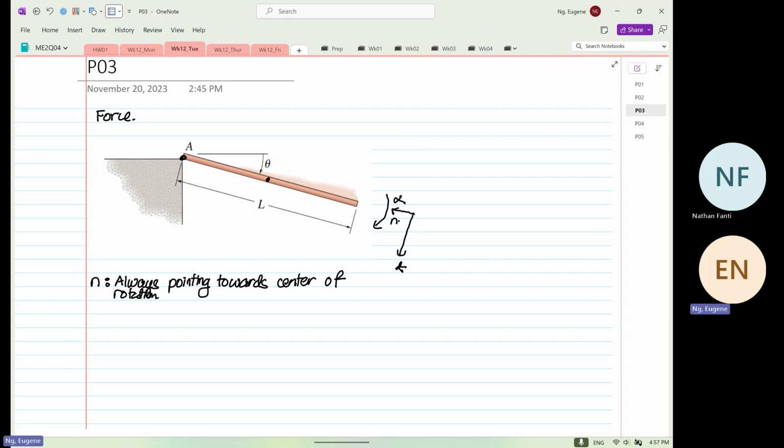So this is our G, which is our center of gravity. Coming down is our mg. Based on vector form, this angle is your theta, so over here is your mg sine theta, and this arrow over here will be your mg cos theta.